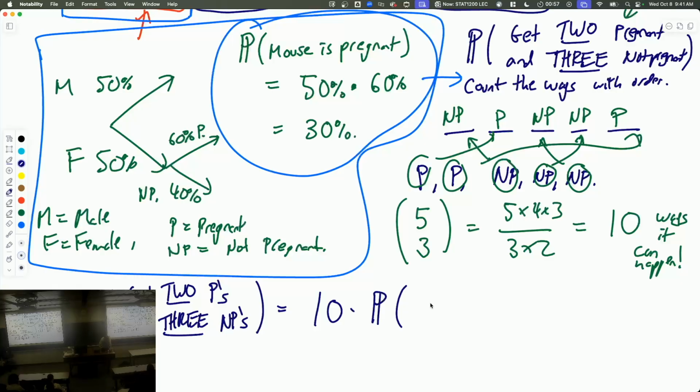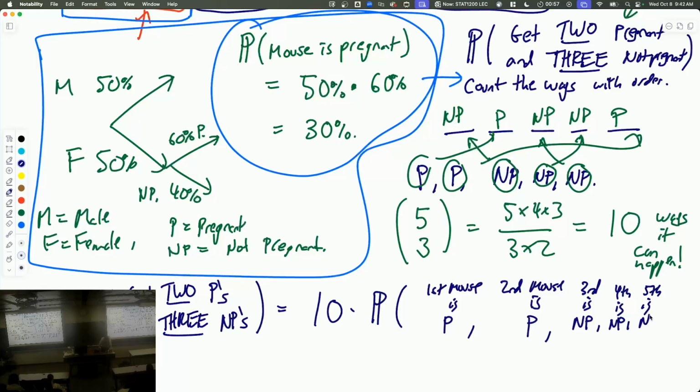The probability of first mouse is P, second mouse is P, third is NP, fourth is NP, and fifth is NP. So in other words, there are 10 outcomes that all look like this, where you have 2 P's and 3 NP's but in some weird order, and they're all equally likely.